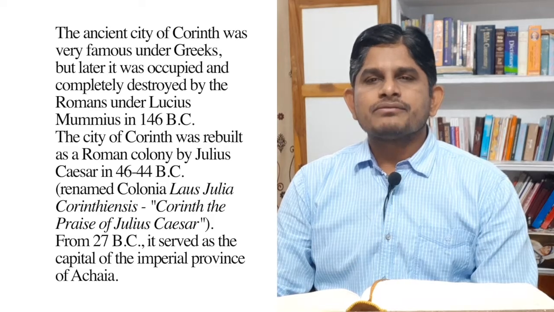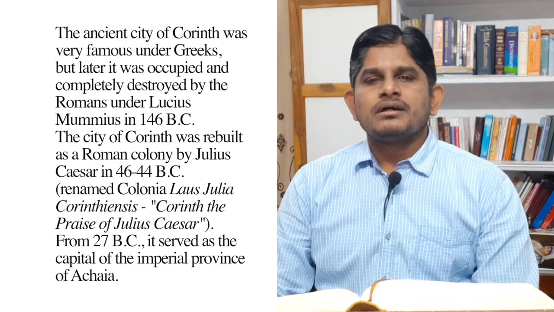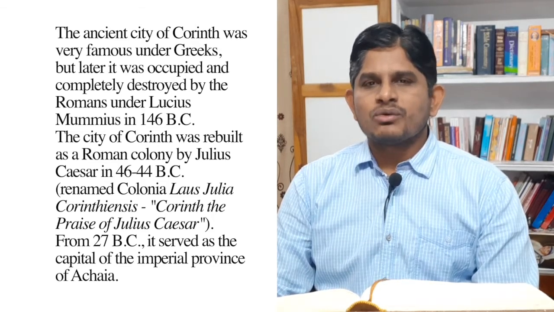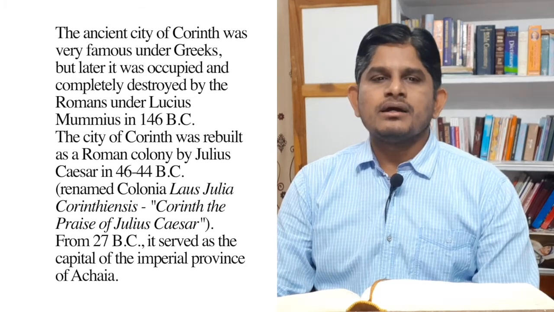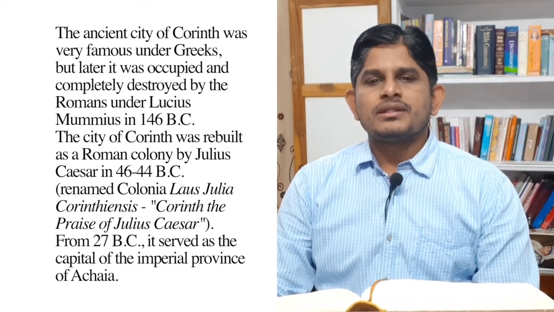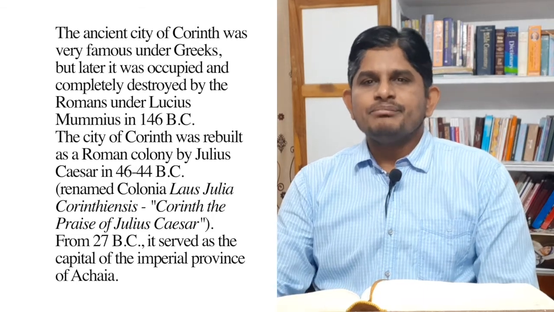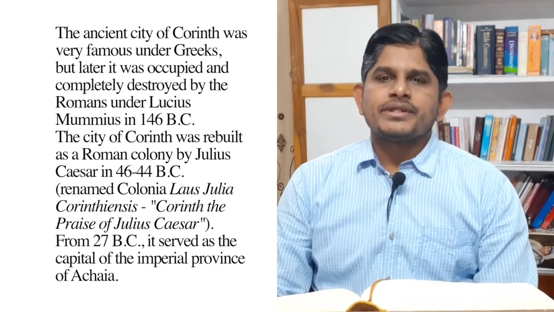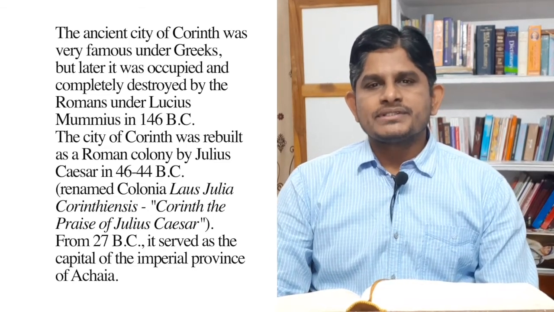Now, the city of Corinth was rebuilt later by Julius Caesar as a Roman colony in 46 to 44 BC, and he renamed it Colonia Laus Julia Corinthiensis, that is to say, Corinth, the praise of Julius. Then from 27 BC, the city of Corinth became the capital of the imperial province of Achaia.